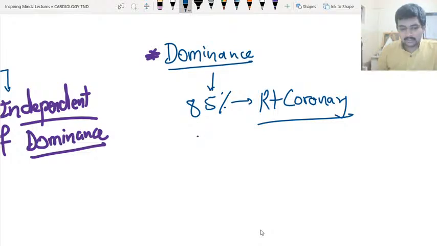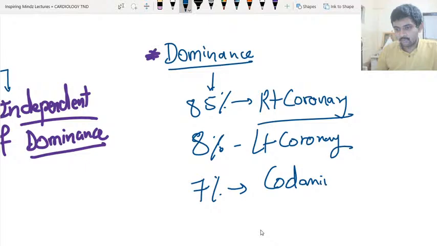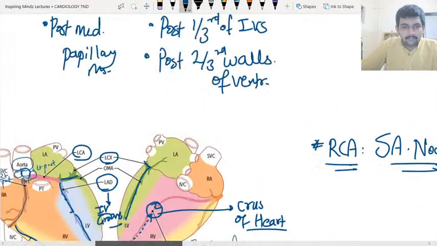About 8% of them show left coronary dominance, and about 7% of the individuals show co-dominance. Yes, as Kunika has already noted for us, it's absolutely right that whichever artery is present in the posterior interventricular groove is going to be the dominant artery.